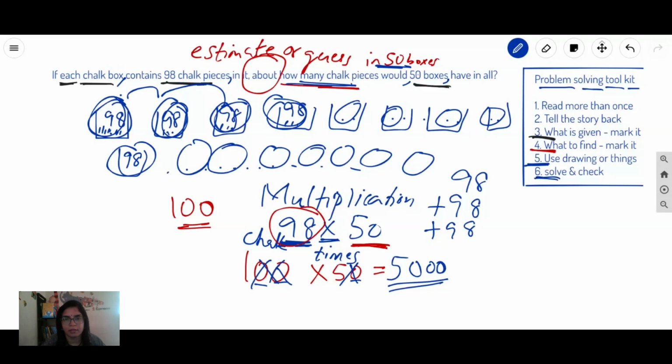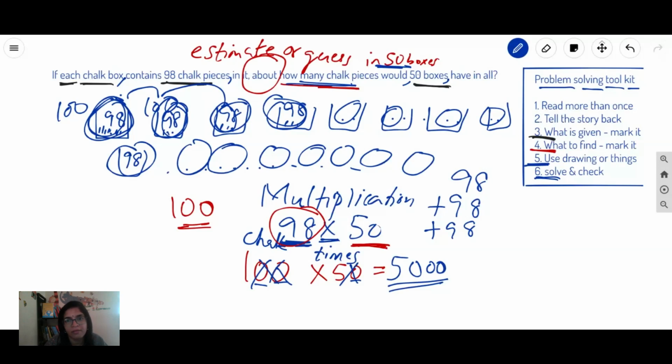How do we check? Now this is like one box has approximately 100. This also has 100, 100, 100, 100, right? When we're doing this one, we know that it surely is more than 100.